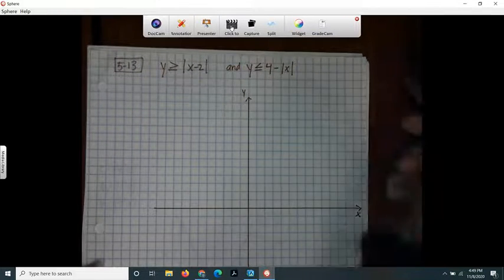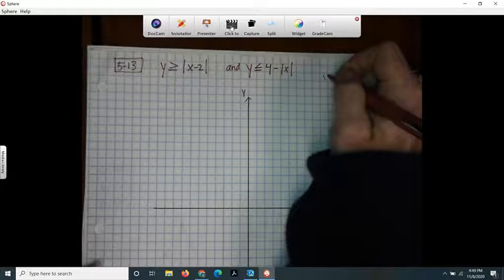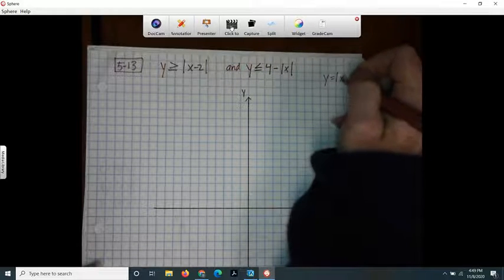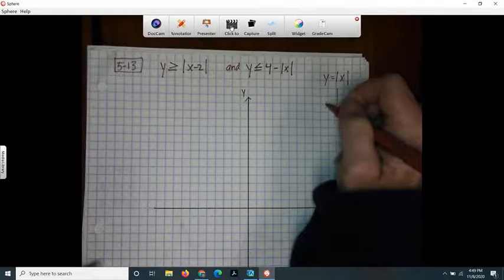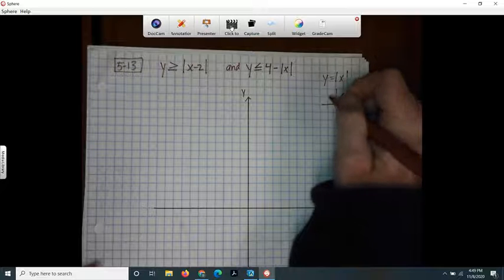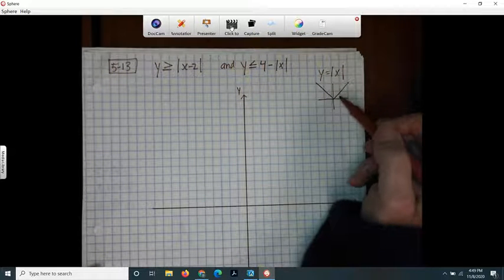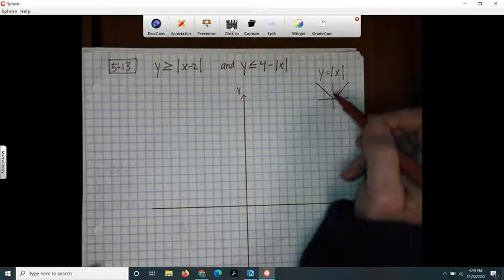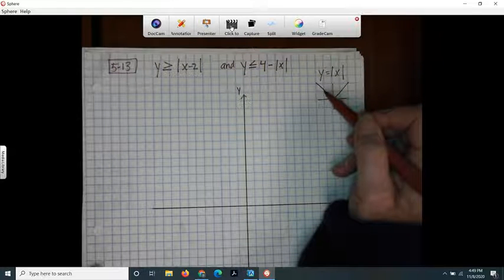If you remember our parent function, y equals the absolute value of x, it looks like a little V shape, and the slopes of each of these sides are 1: up 1 over 1, up 1 over 1, up 1 over 1.